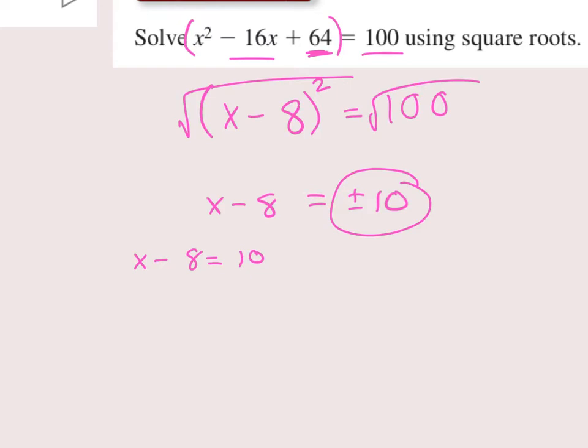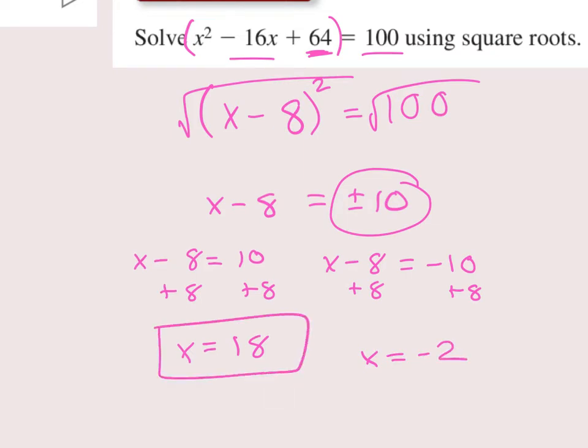So we have x minus 8 is equal to 10, and x minus 8 is equal to negative 10. And now we add 8 to both sides, so we get x is equal to 18. And again, we add 8 to both sides, and x is equal to negative 2. So our two solutions here are x is equal to 18 and x is equal to negative 2.